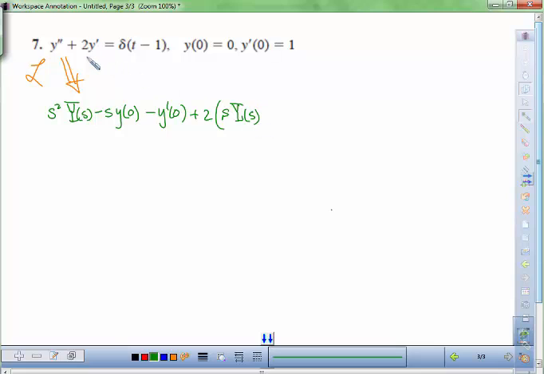So the first derivative is sY, the capital Y of s, minus, and this is the first derivative, so that's just the original function. And this is going to be multiplied by 2, and then this is equal to the delta function with a shift at 1, so e to the negative s times 1.